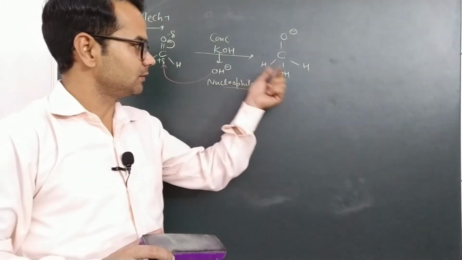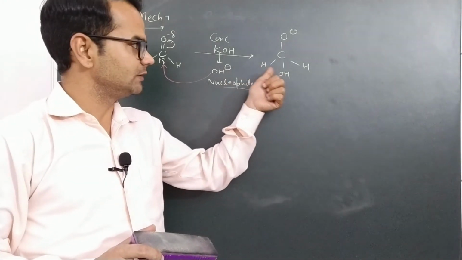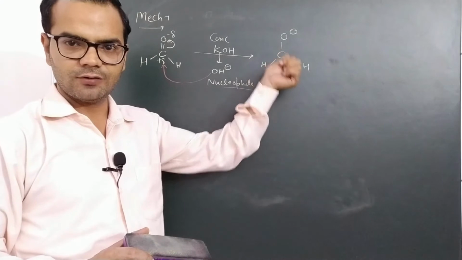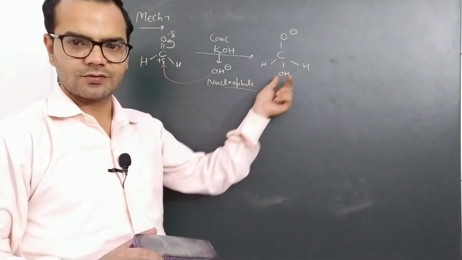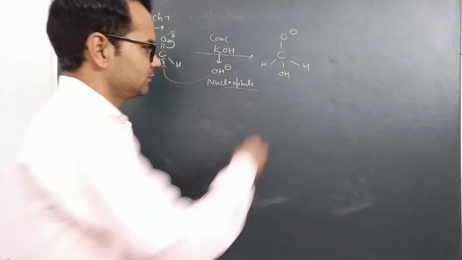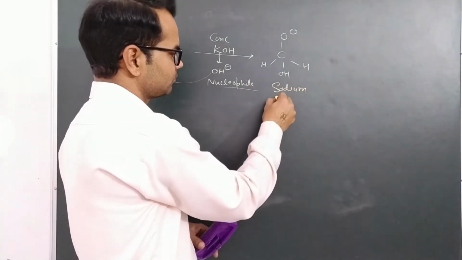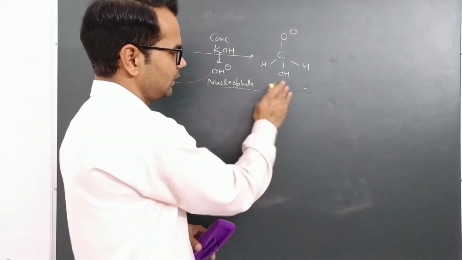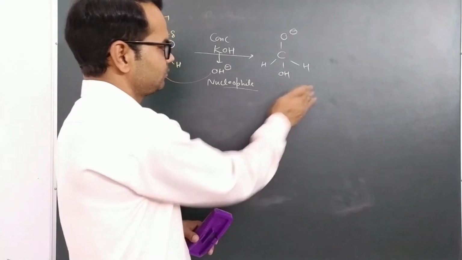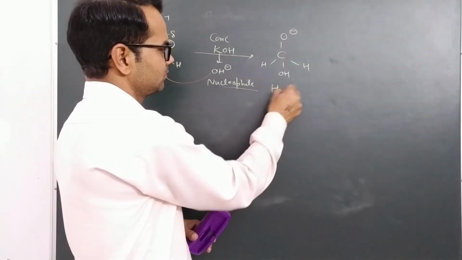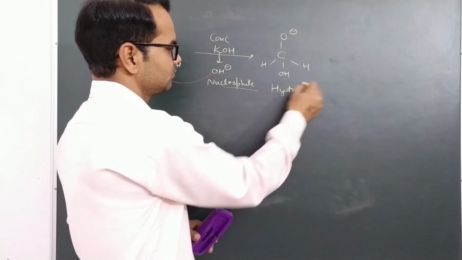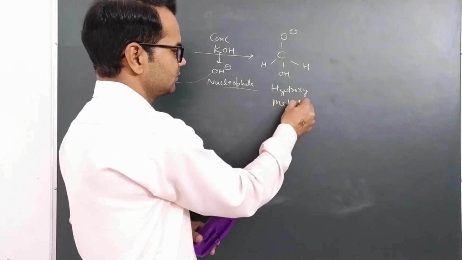The ion formed is called a hydroxy alkoxide, here hydroxy methoxide.